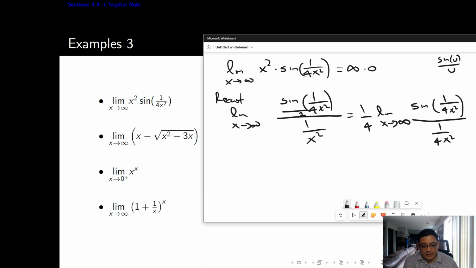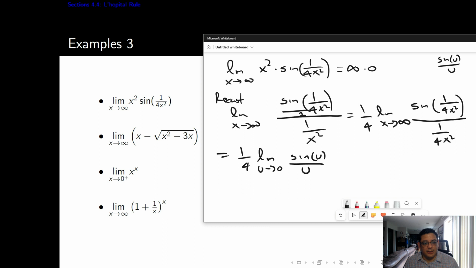Now notice that we have 1 over 4, and the limit when x goes to infinity of this can be thought of as the limit when u goes to 0 of sine of u over u, and we've seen that using L'Hopital's rule, this gets to be 1.